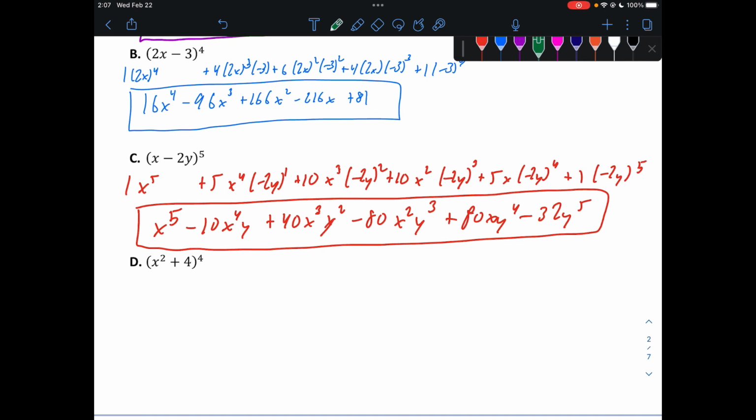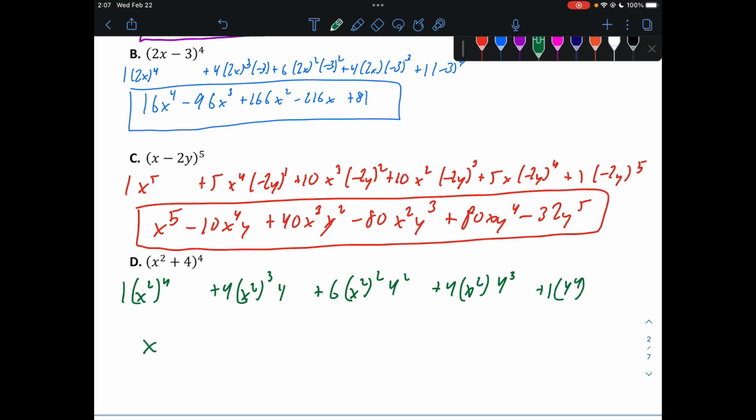All right, last one's fourth again, so 1, 4, 6, 4, 1. And that'd be x squared to the fourth, x squared to the third, x squared to the second, x squared to the first, and then x squared to the 0. 4 to the 0, 4 to the first, 4 to the second, 4 to the third, and 4 to the fourth.